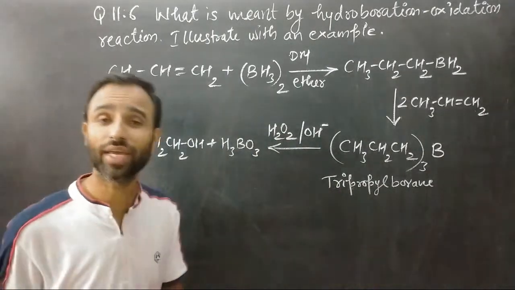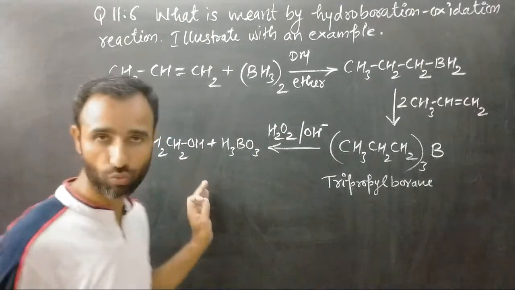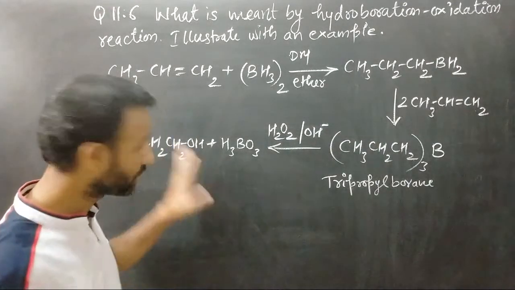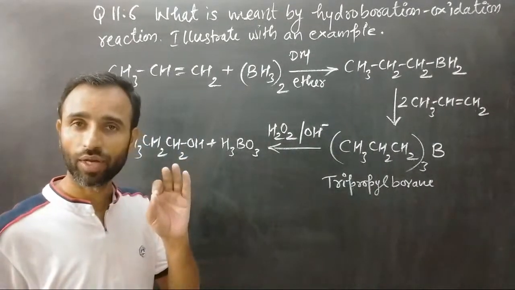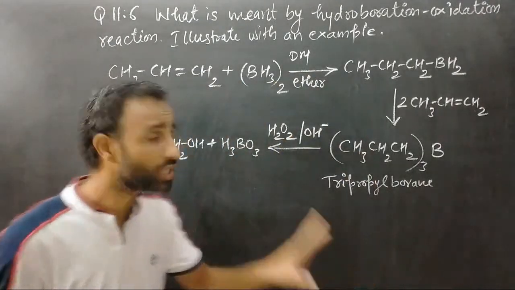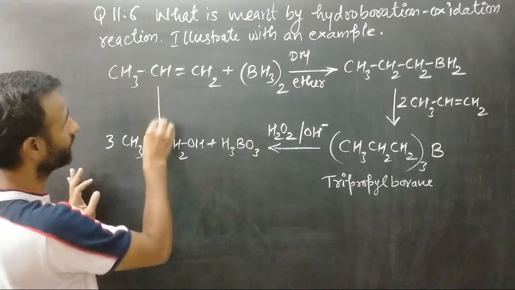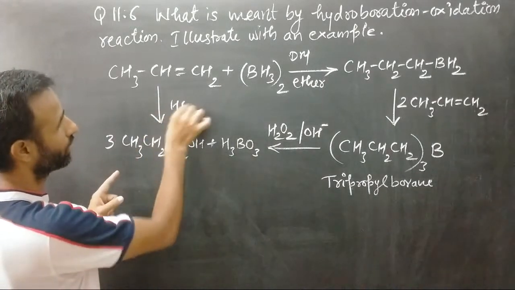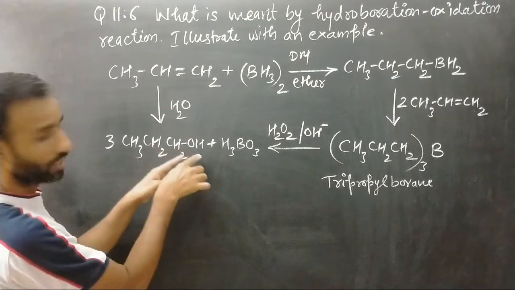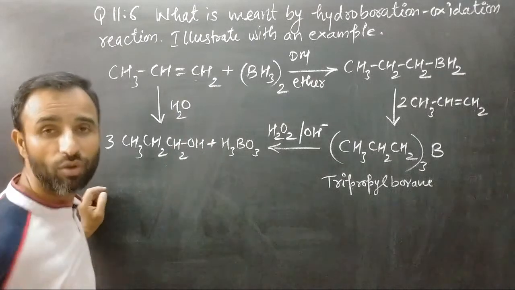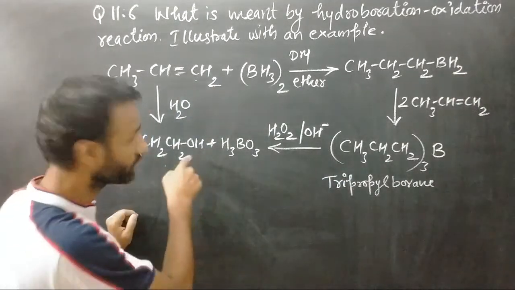And it seems like anti-Markovnikov addition of water, but it is not true. There is no violation of Markovnikov rule. Markovnikov rule is applied, but it seems like the product formed is like anti-Markovnikov addition of water, H plus and OH negative. OH negative is added to the side where more number of hydrogens are there.